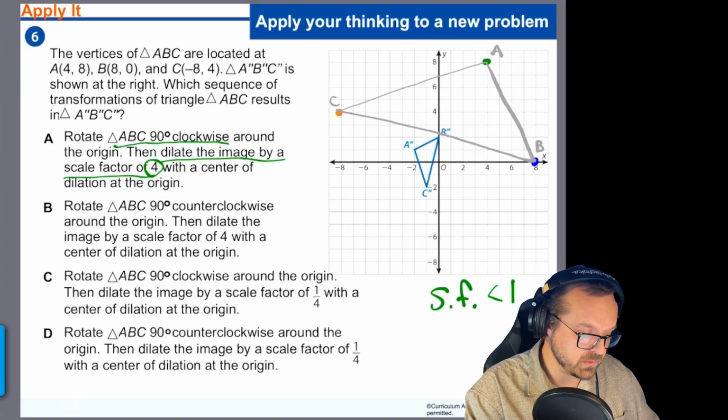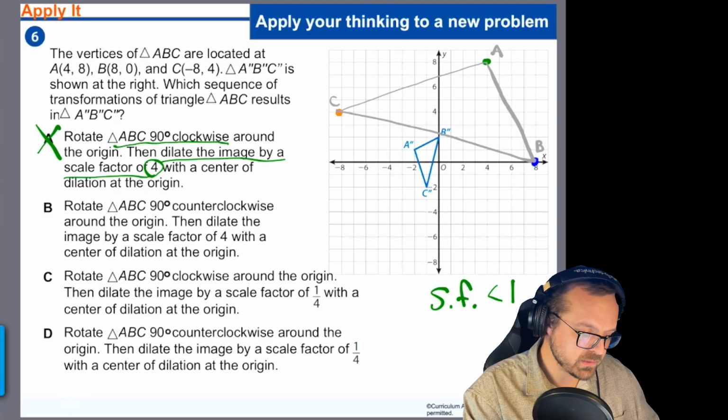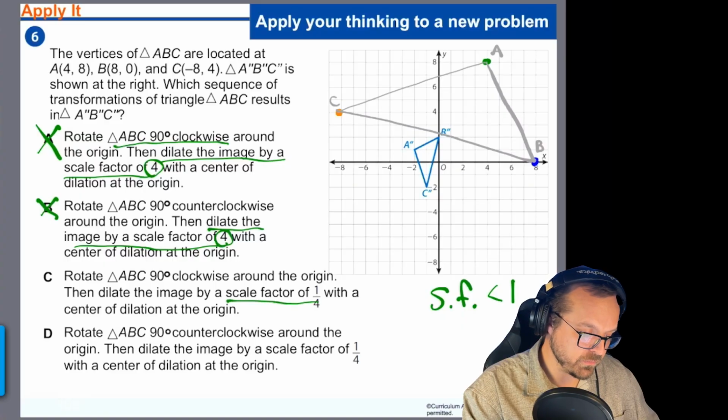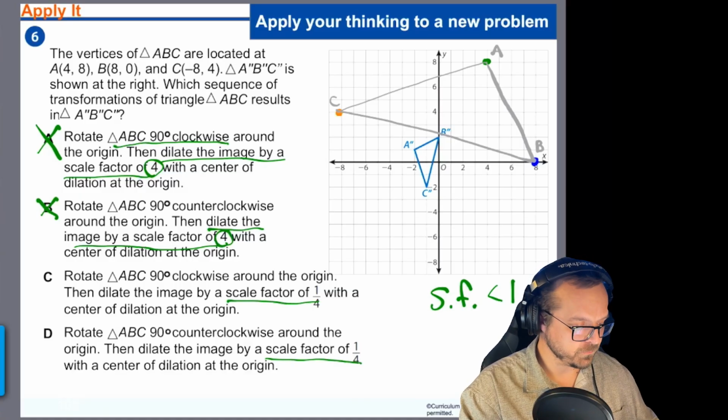So I don't even have to do the 90 degree clockwise, because I know this dilation is out. If you look at the second one, the dilation of scale factor 4 again pops up, so that one is out for the same reason. Now, scale factor 1/4 and scale factor 1/4 are both probably going to be okay.